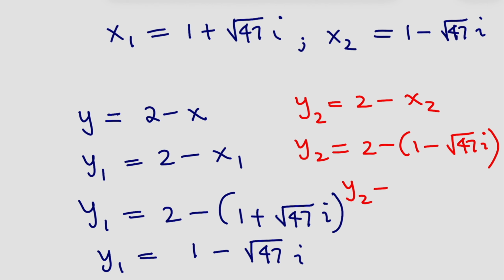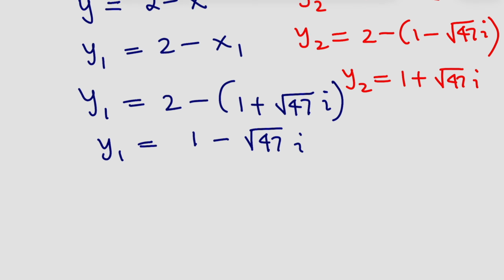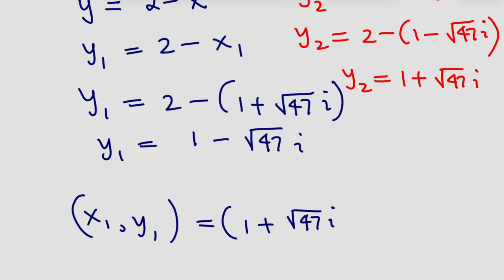So y2 is equal to 2 minus 1 is 1, minus times minus is plus, and then we have root 47 i. So our four values for this problem, we say x1, y1 is equal to 1 plus root 47 i, y1 is 1 minus root 47 i.